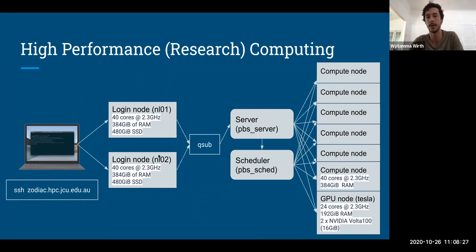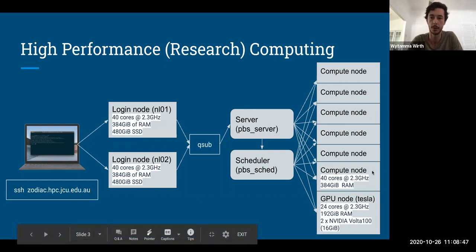Basically the idea is that you access these nodes and then use the qsub command or qsubmit command to send jobs to the large compute resources on the HPC. These are basically equivalent to the login nodes, but many of them, 40 cores, similar CPUs with lots of RAM, and there's also a couple of GPU nodes as well.